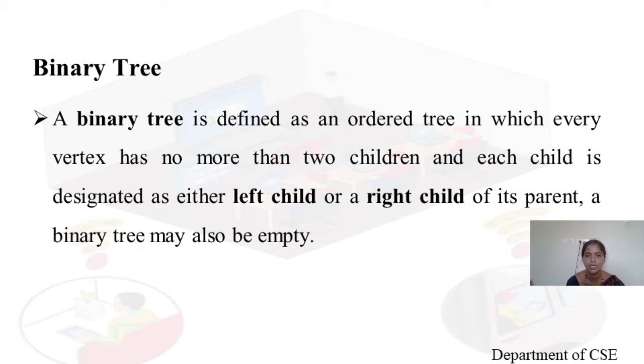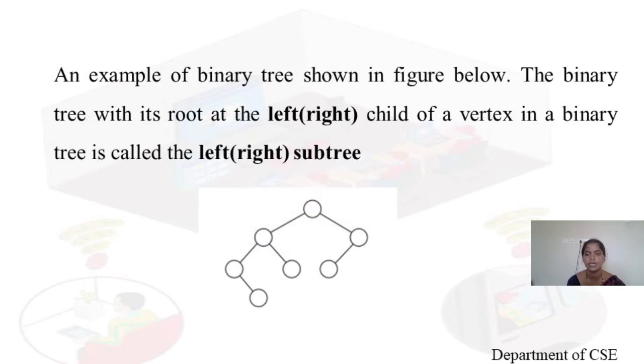It is one of the properties of a tree. So a binary tree is an ordered tree which has no more than 2 children, and each child is designated as a left child or a right child. It can exist with no vertices. It can be empty.